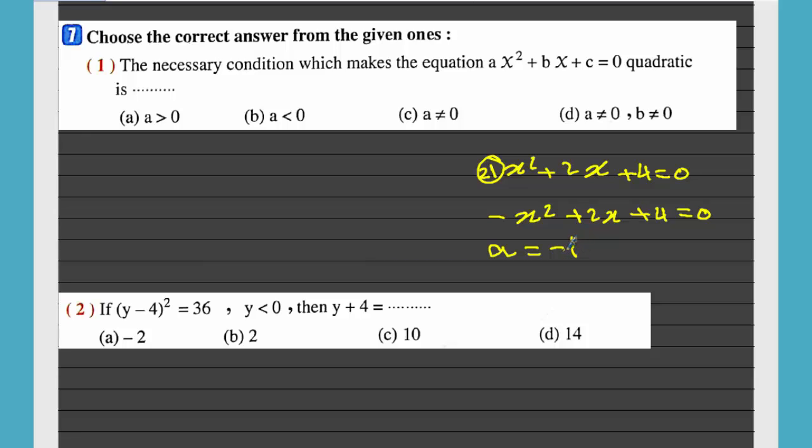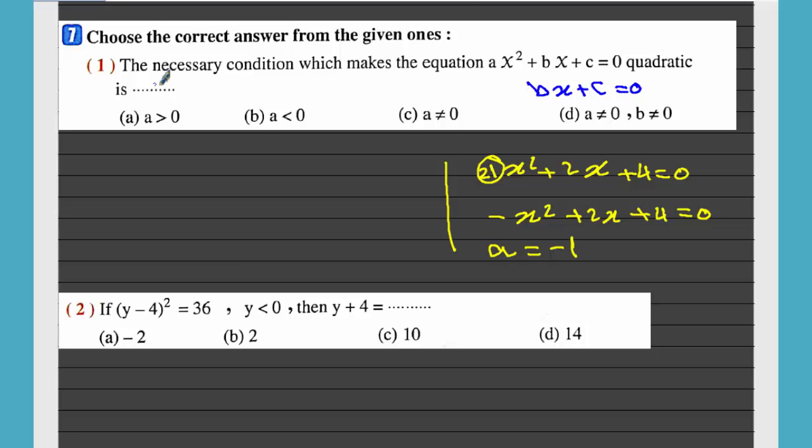So if a equals 0, what do you get? You will get bx plus c equals 0. It is not quadratic. You will get a linear equation, first degree equation.